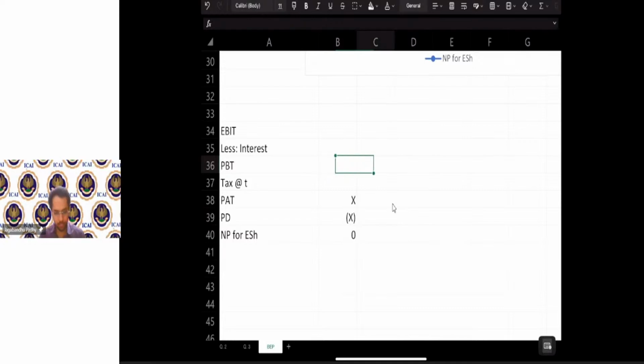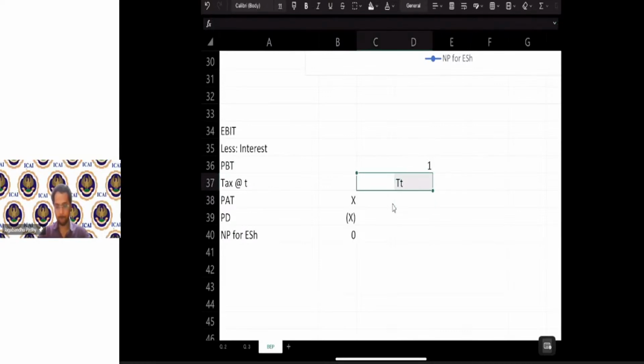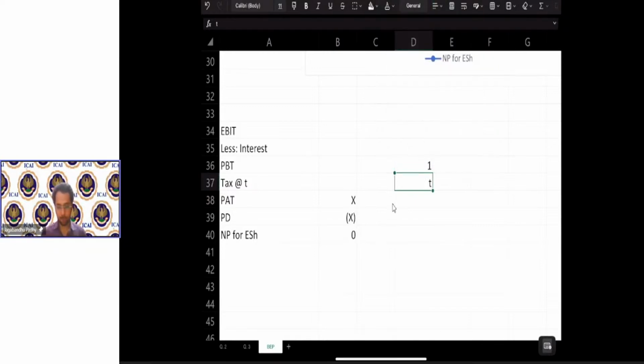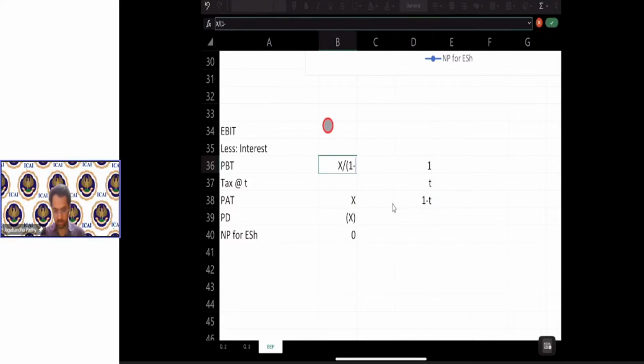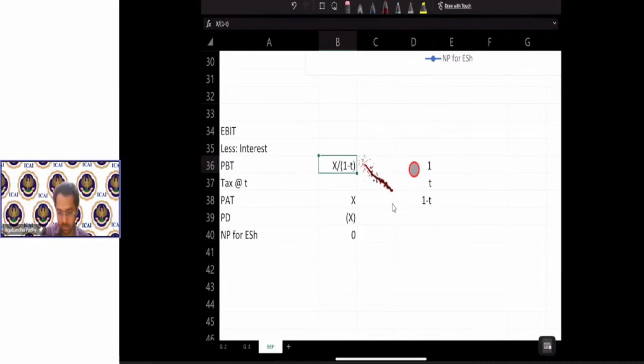If our PBT is 1, and you're paying a tax of T, the PAT figure will be 1 minus T. So we can simply do the cross multiplication, and we get the PBT figure as X multiplied by 1 divided by 1 minus T, so X divided by 1 minus T. We got this by simple cross multiplication.